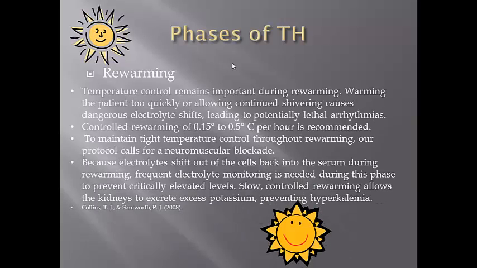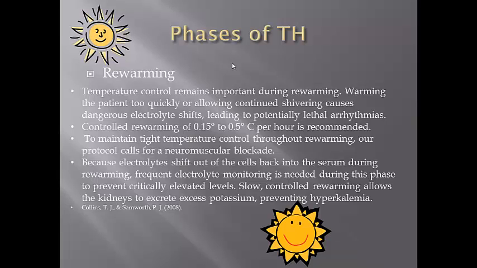Temperature control remains important during rewarming. Warming the patient too quickly or allowing continued shivering causes dangerous electrolyte shifts, leading to potentially lethal arrhythmias. Controlled rewarming is recommended. To maintain tight temperature control throughout the rewarming, our protocol calls for neuromuscular blockade.